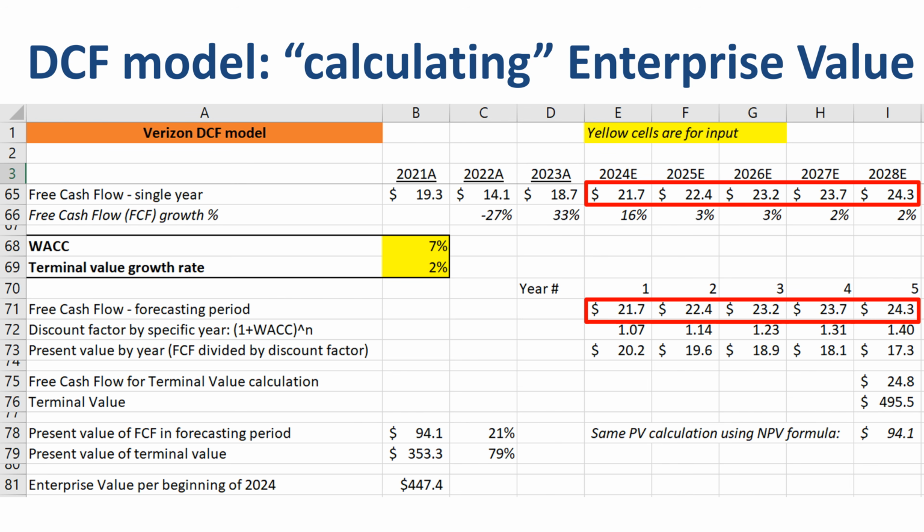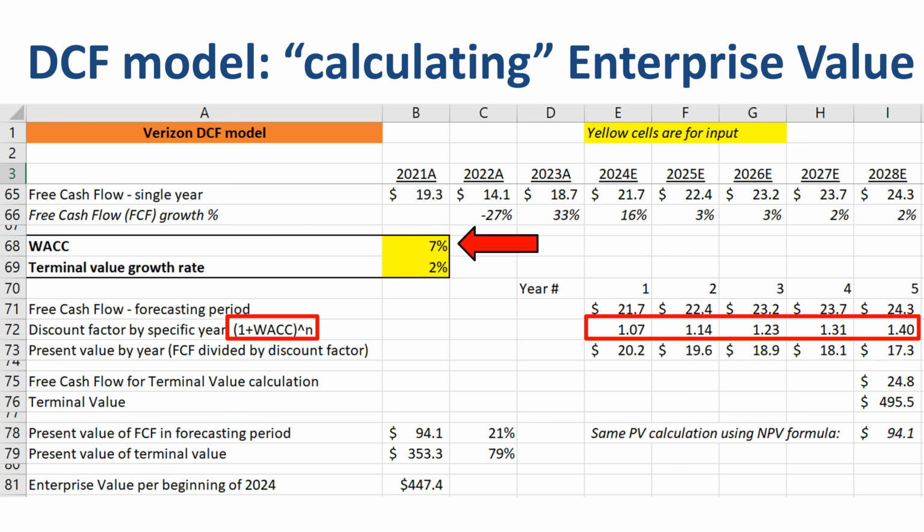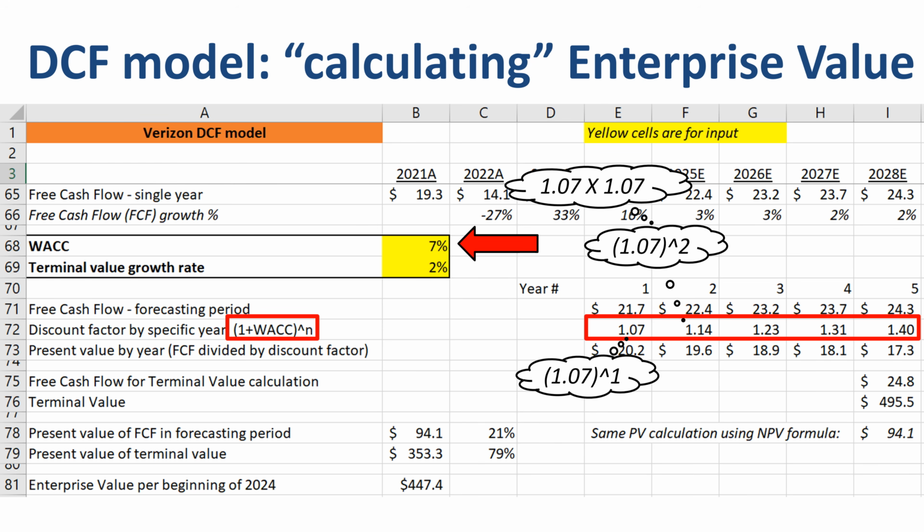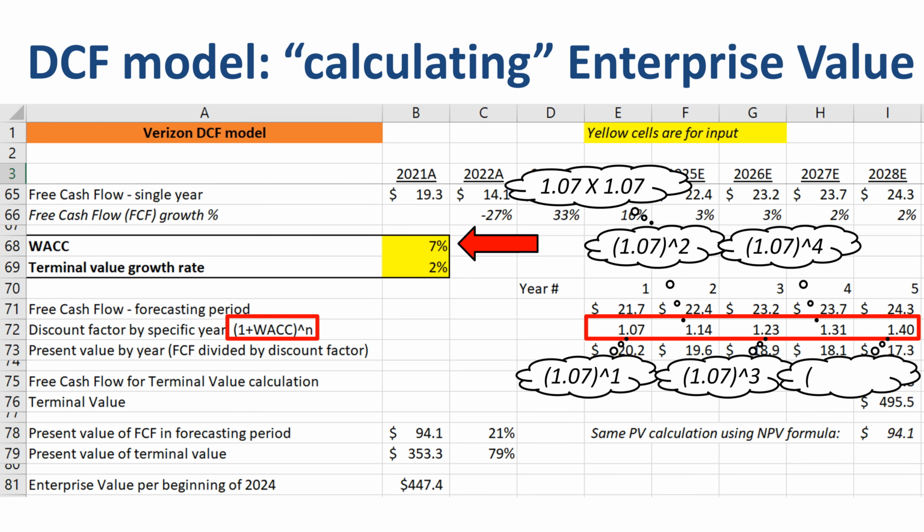To these, we have to apply discount factors. The further out in the future the free cash flow occurs, the lower the present value will be. The discount factor is 1 plus the WACC to the power of the number of years. So 1.07 for year 1, 1.07 times 1.07 for year 2, and so on. The further out into the future, the higher the discount factor.